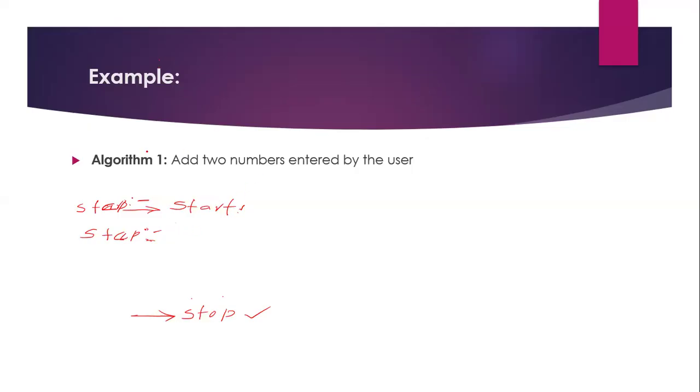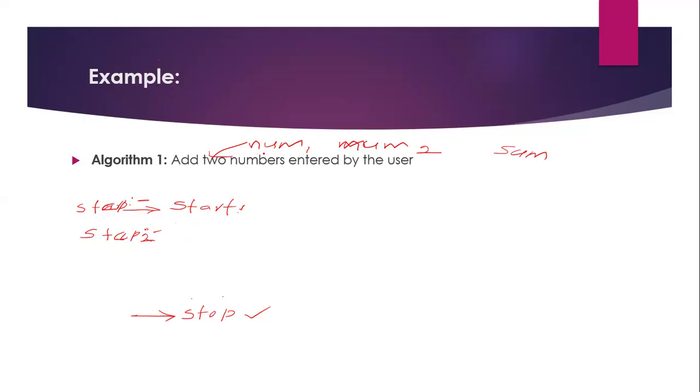Here there are two numbers, so I have marked them as number 1 and number 2, and for the result of the summation, I have taken a variable called sum. So the second step after starting is to declare these variables.